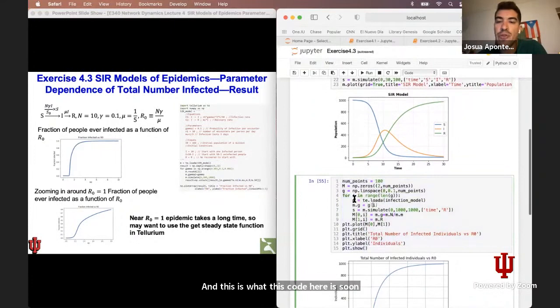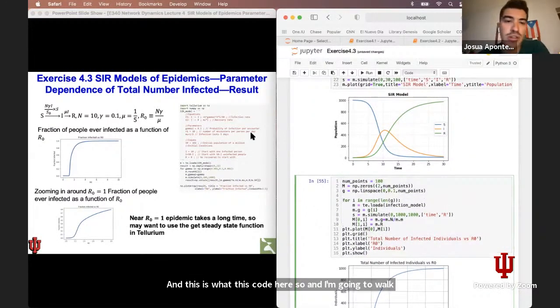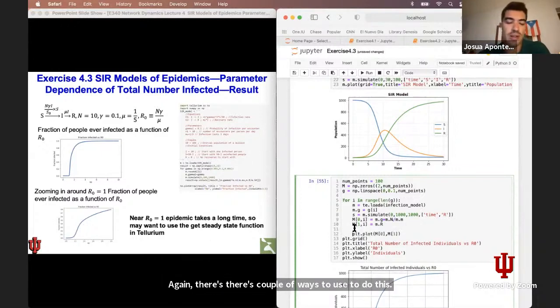I'm going to walk you through what the code is doing because it's a little bit different than the code in the presentation. Again, there are a couple of ways to do this, and this is just one way of doing it, but there's a different way in the presentation.